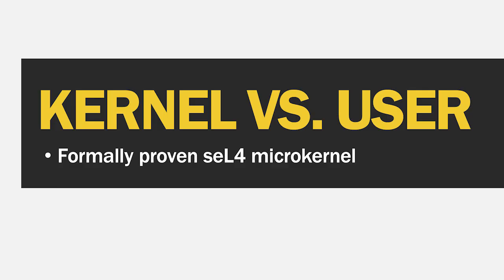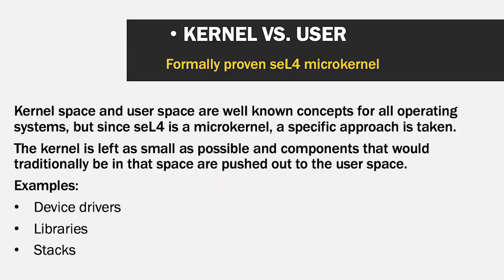So first off, getting into kernel space versus user space. When you're looking at a typical operating system, instead of a microkernel, you're looking at things like Linux or Windows, and most everything that touches hardware and provides services lives in the kernel itself.